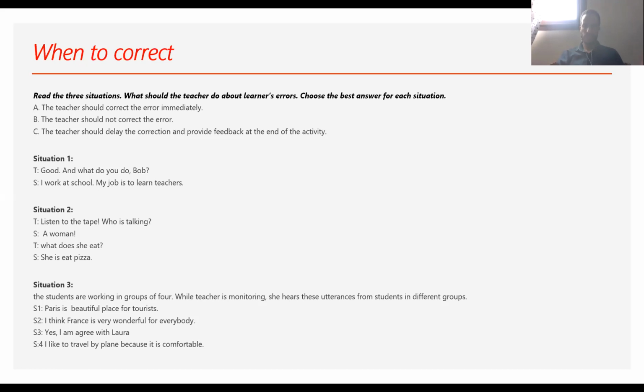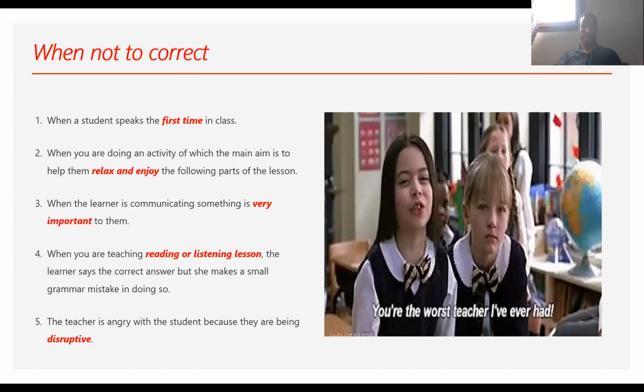Now let's move to the next one. So here, when not to correct, what are the occasions on which teachers should not correct? Can someone read number 1 to 5? Raise your hand, Asma.